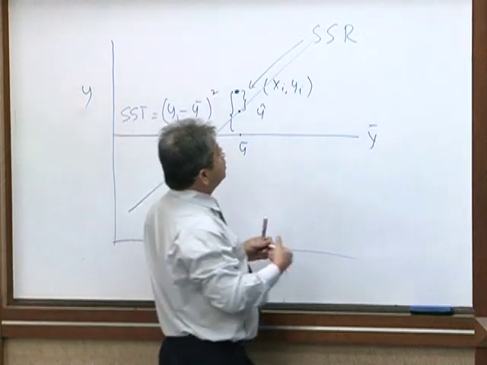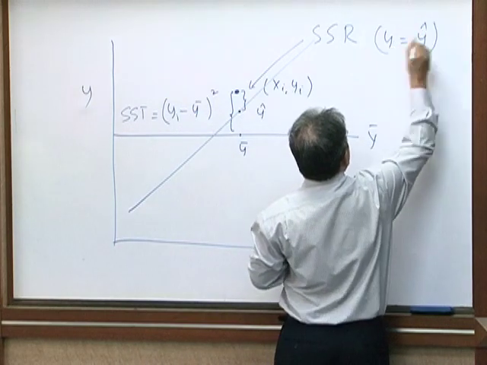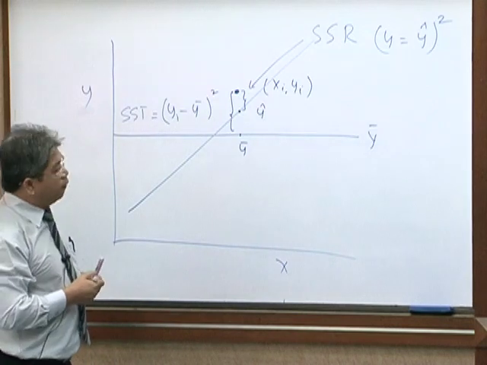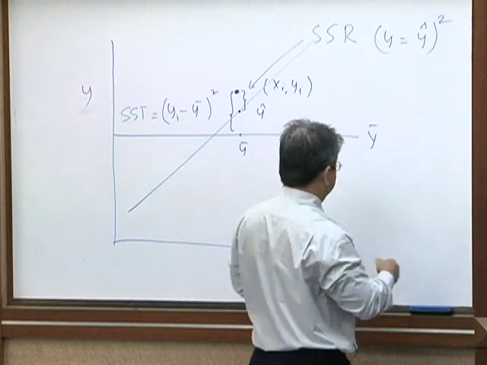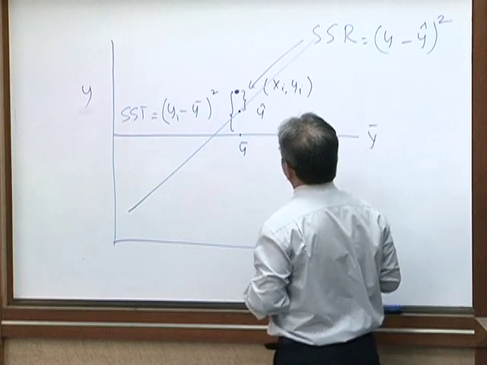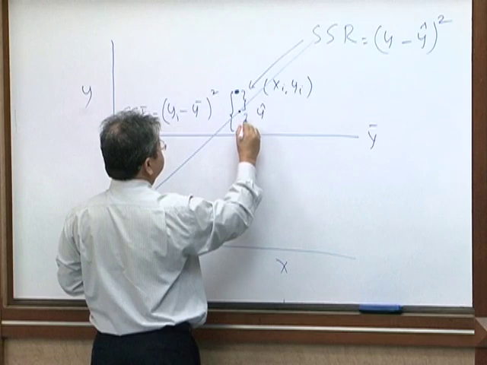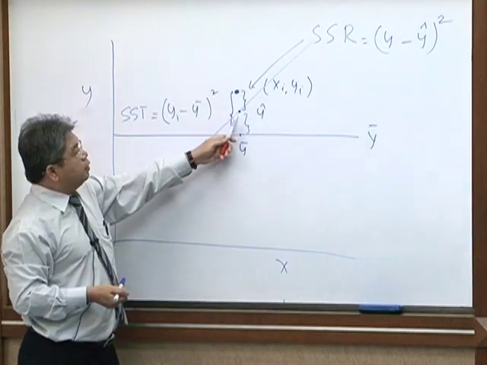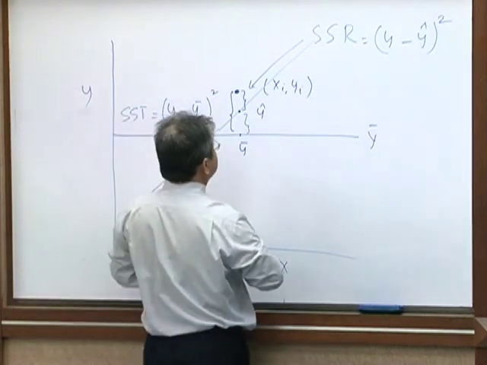So SSR is y hat minus y bar squared. And this one here, the remaining variance, is unexplained by the regression line. So this is SSE, the error.